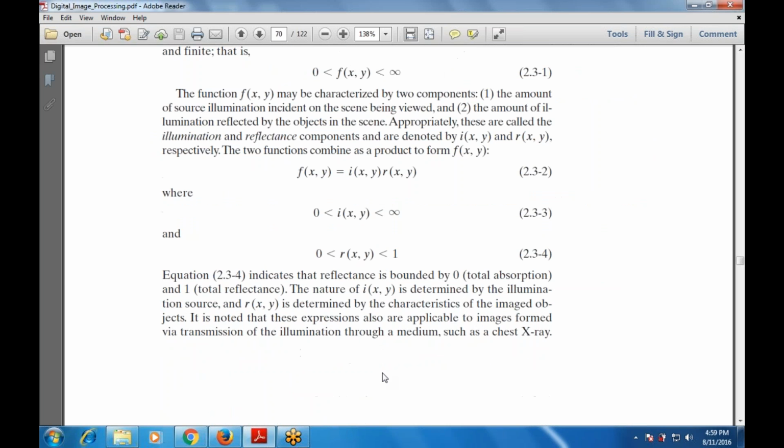And this is also the image formation model, where i(x,y) ranges from 0 to infinity and r(x,y) ranges from 0 to 1. Ranging means the minimum value is 0 and the maximum value is infinity in the case of i(x,y), and the minimum value is 0 and the maximum value is 1 in the case of r(x,y).